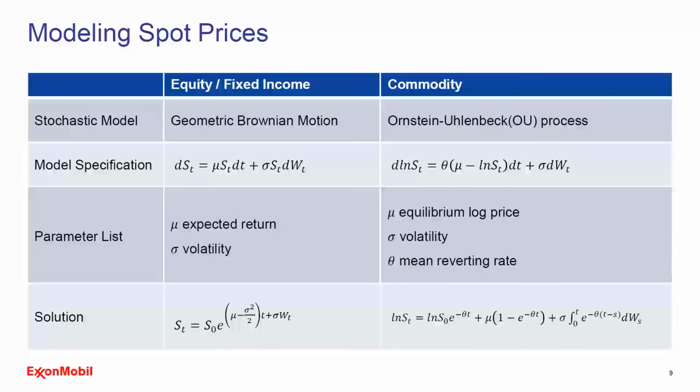However, in commodity markets, especially the spot prices, you can never use geometric Brownian motion because it's mean reverting. So usually people prefer to use the OU process to capture the mean reversion of the log prices. And why the OU process? Again, because it's analytically solvable.